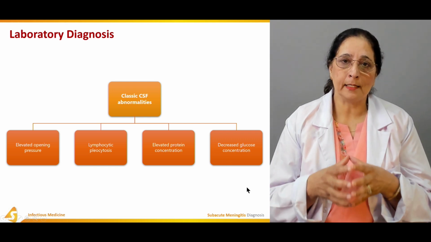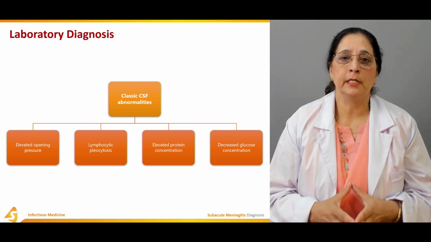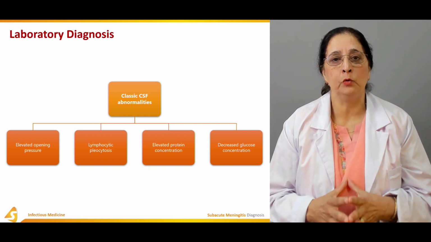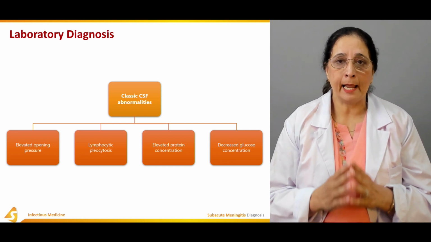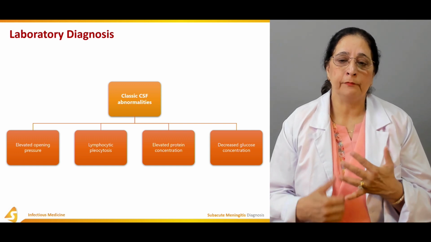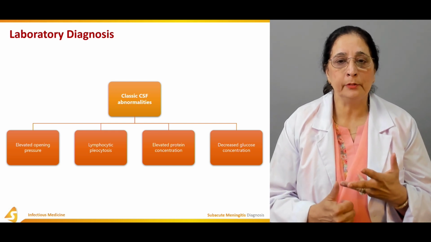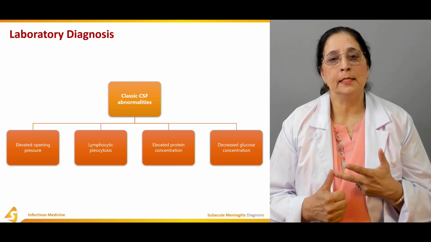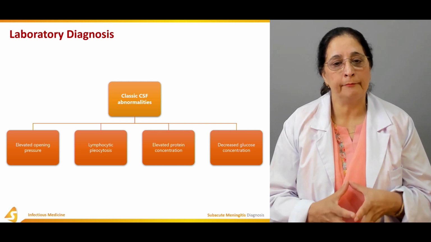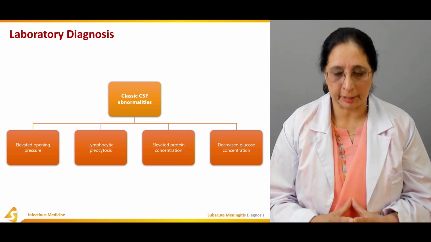So very classic features on the examination of cerebrospinal fluid are present in the subacute meningitis lab work. There is elevated protein, decreased glucose level, lymphocytic pleocytosis or increased number of lymphocytes, and elevated opening pressure.